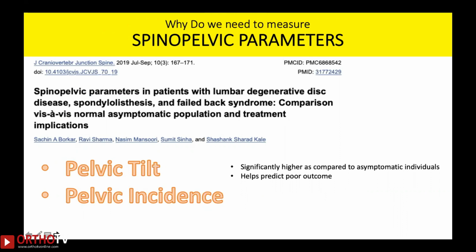Various studies have shown that patients who have altered or increased pelvic incidence and pelvic tilt have a higher incidence of low back pain, and patients who have higher levels of pelvic incidence and pelvic tilt have a generally poor outcome in spite of any surgical intervention. Hence, these parameters need to be measured and assessed to predict the outcome of any surgical intervention.